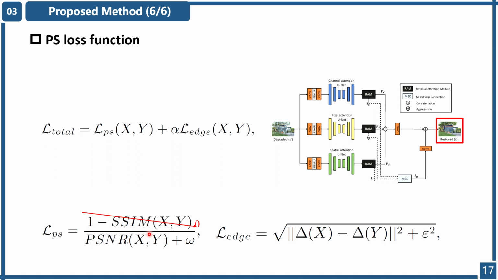On the other hand, a higher PSNR indicates greater similarity between two images, approaching infinity for identical images. We place PSNR in the denominator to further minimize the overall loss. Additionally, we include an omega term to prevent another numerical issue at the start of training.